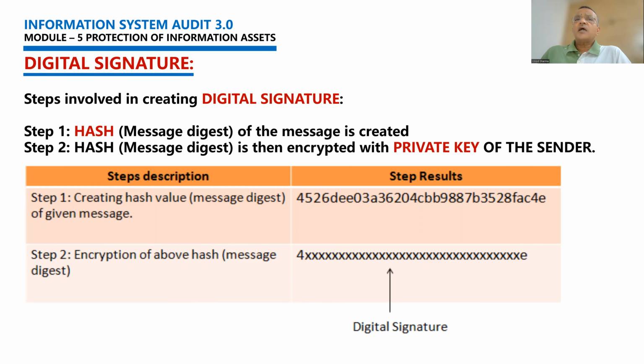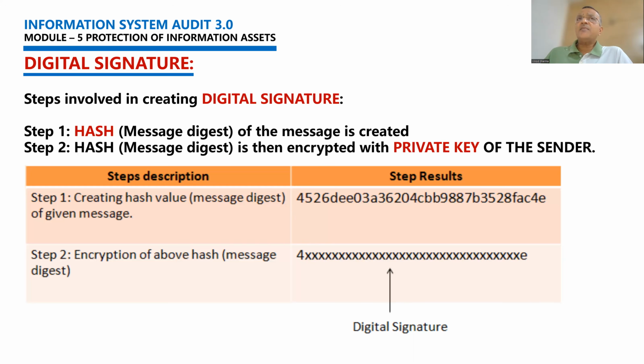First, the hash, or the message digest as they call it, of the message is created, which means your original message remains intact. The generation of the hash function, or the message digest, is very sensitive to the original content. On the basis of the original content, I will use the hash algorithm to generate a hash or message digest.